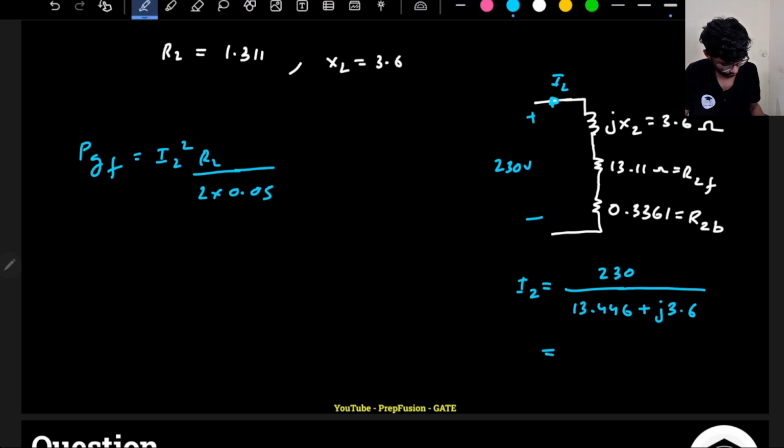So this will be whole square plus 3.6 whole square, whole under root, into 230. So the magnitude is 16.52.